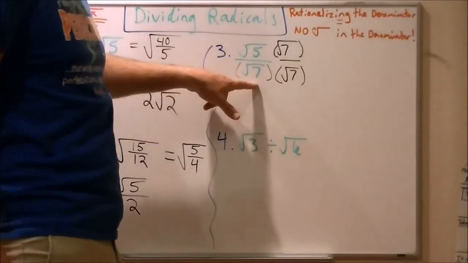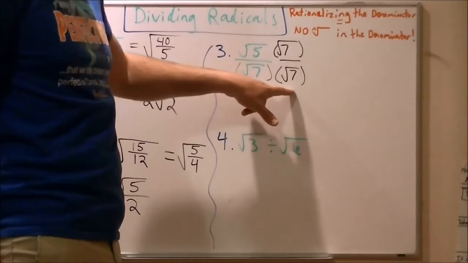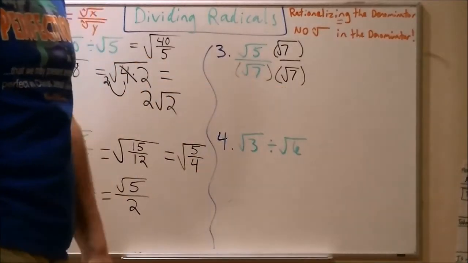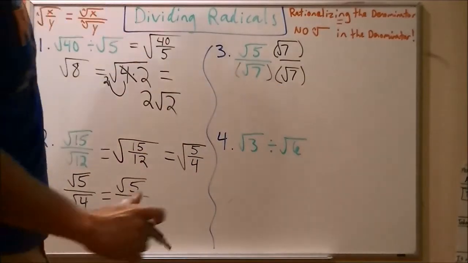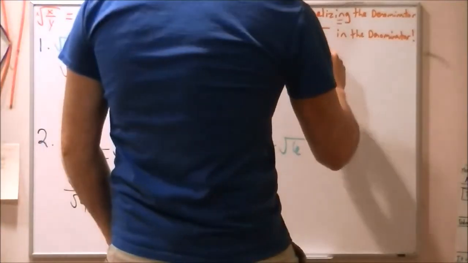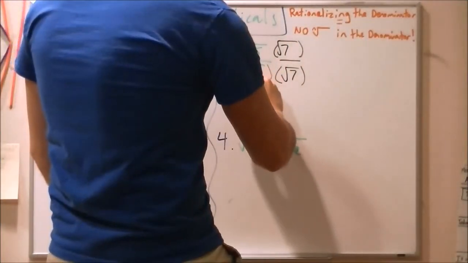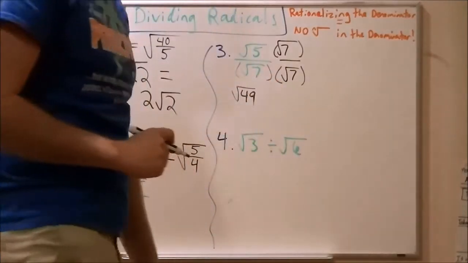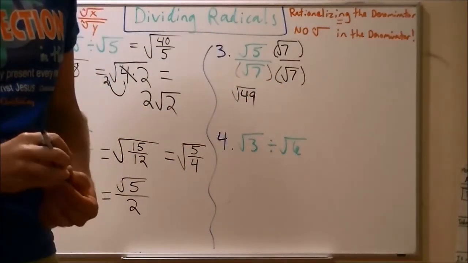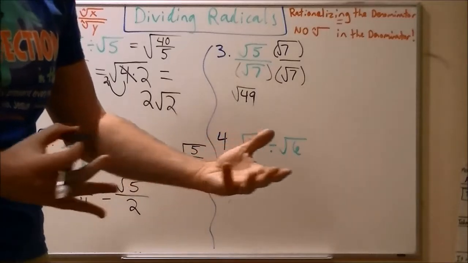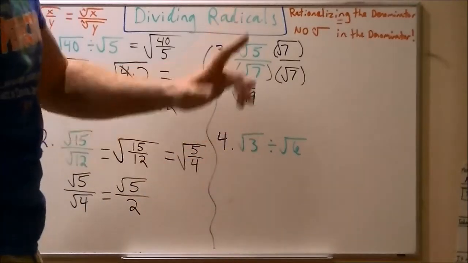when I multiply the square root of 7 by the square root of 7, what does that give me? The square root of 7 times the square root of 7 is square root 49. What's the square root of 49? Just the number 7. I showed you that math once.